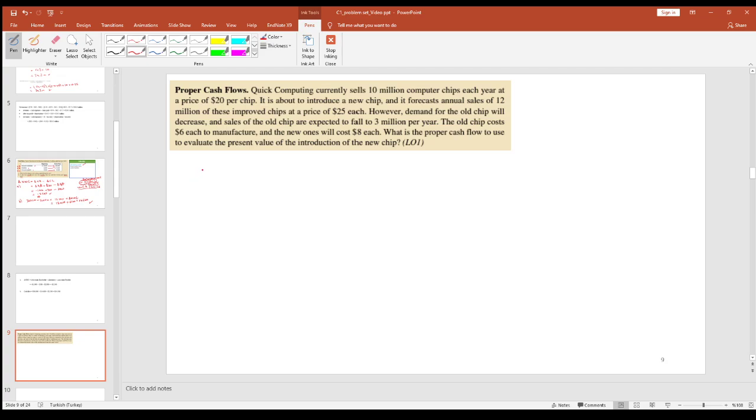So let's write the gross sales of the new chip: 12 million times $20, sorry, not 20, as it is written here it should be 25, which is equal to $300 million.